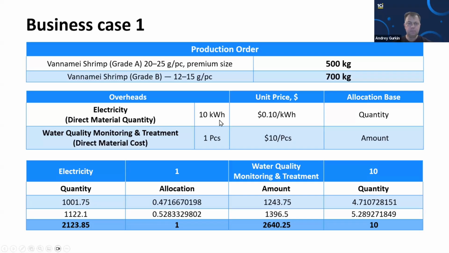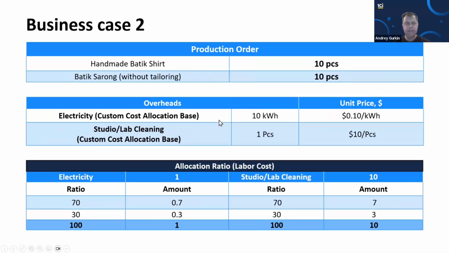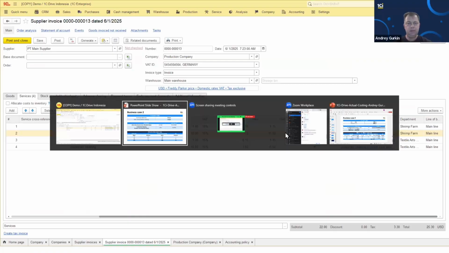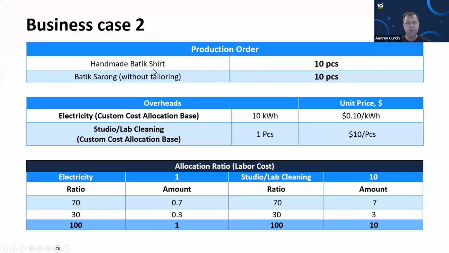The second case will be producing our bodies. In this example, you can see that we are using a little different things.